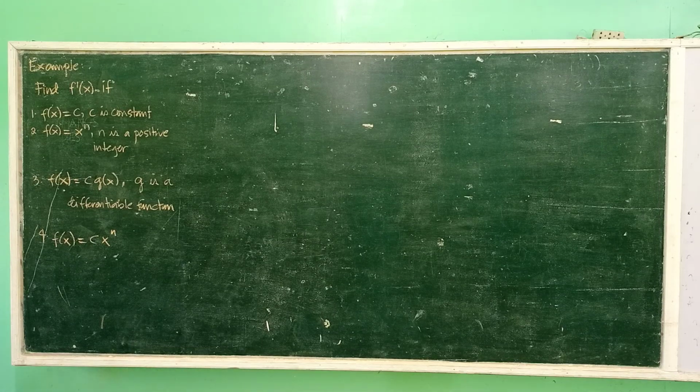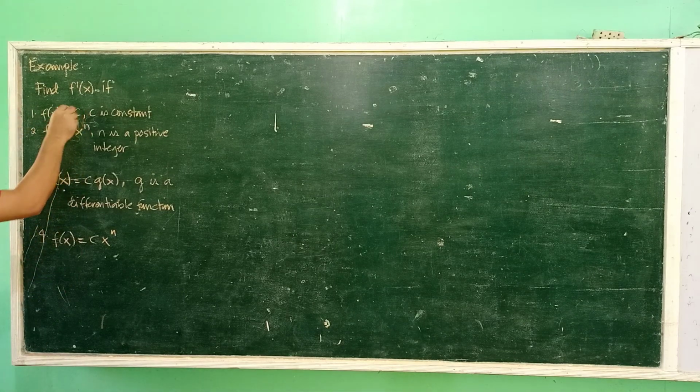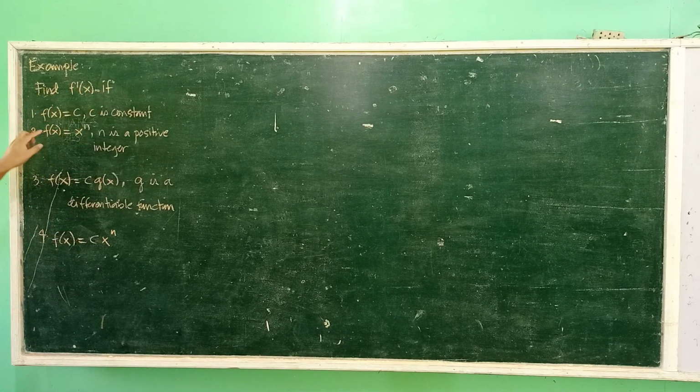Now, for the first exercise, for the first activity, you are to find f prime of x if f of x is defined to be equal to c, where c is a constant.